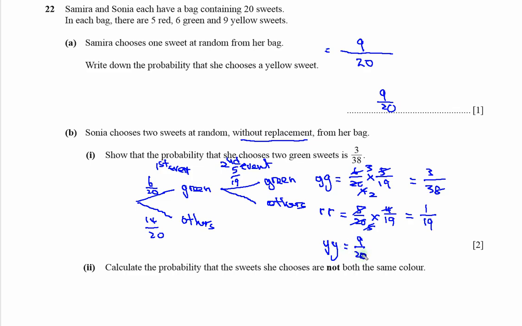The second time you choose, the probability will be 8 over 19. So to simplify this is 4, 2, this 5. You cannot simplify anymore, so 9 times 2 is 18. 5 times 19 will be 95.